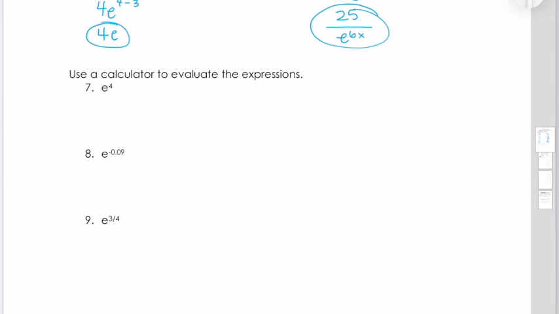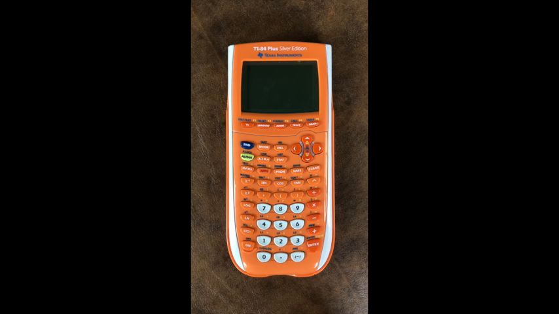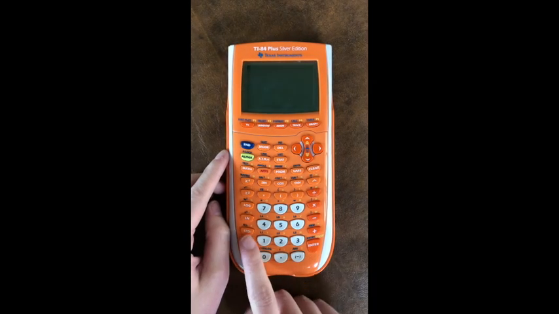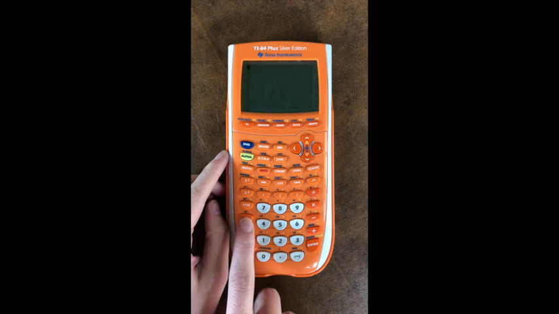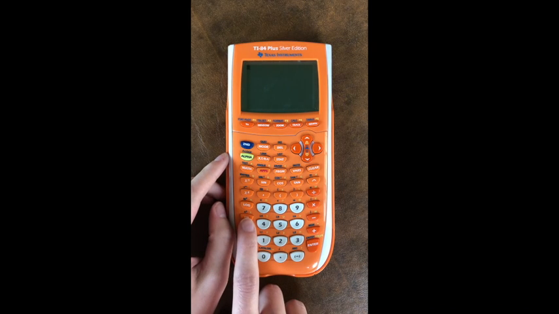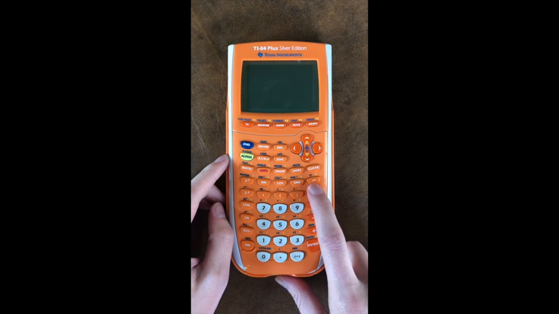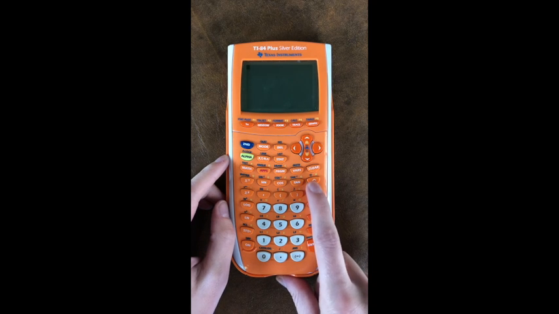Awesome, now I'm going to show you how to do this on a calculator. Alrighty, whenever we are typing e in our calculator, it is e to the power of x is the second ln button, or just plain e is second division sign, and then you can use the little up arrow to get an exponent.